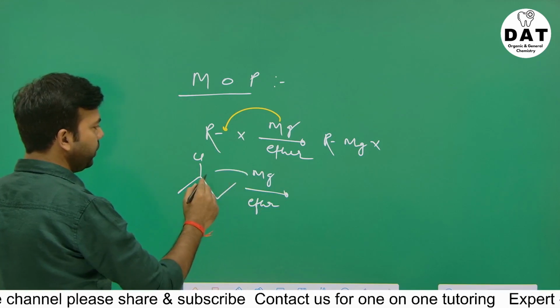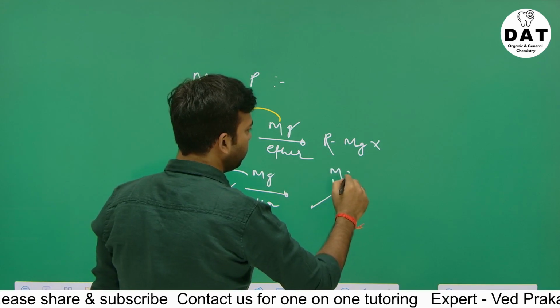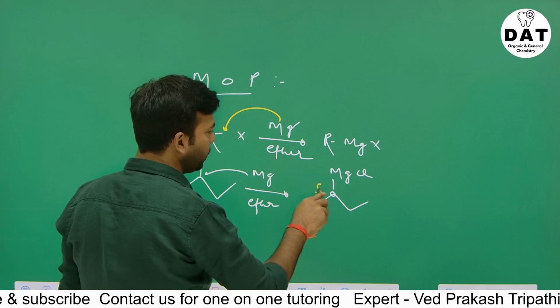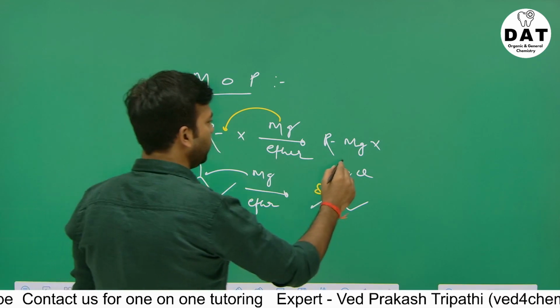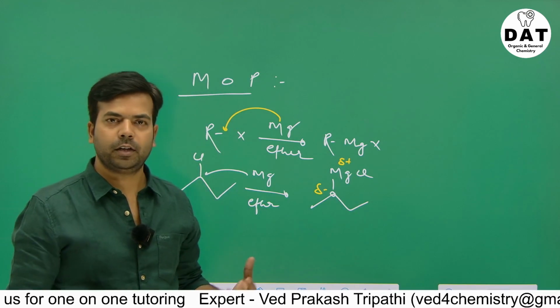So Mg will be here, so it becomes MgCl, where this carbon is nucleophilic as well as basic in nature. Clear? Delta negative, and this one is delta positive. So this is the way we can make the Grignard reagent.